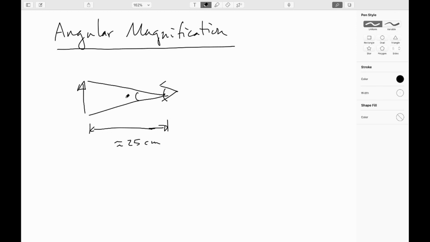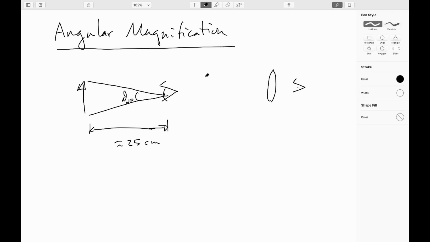When you look at it, it's going to subtend some angle, we'll say theta near point. Now, if you instead go and look at it through some magnifier, we can go ahead and see what angle the image you make subtends.